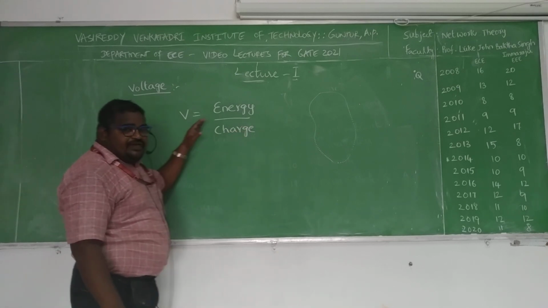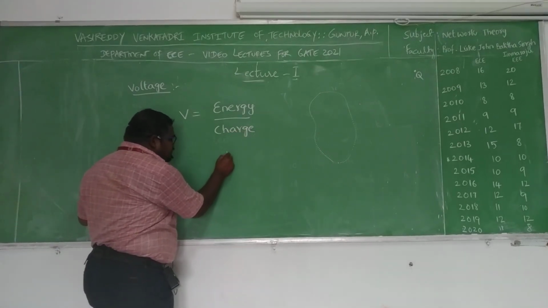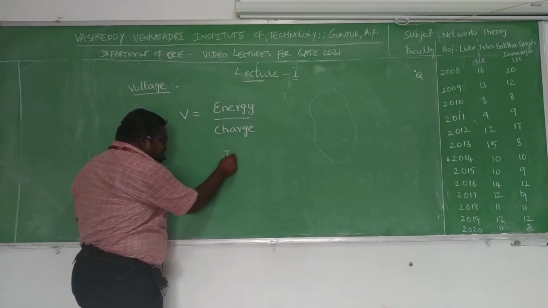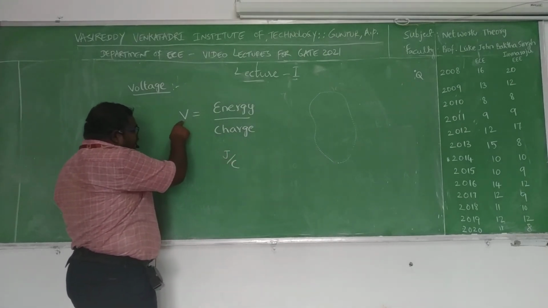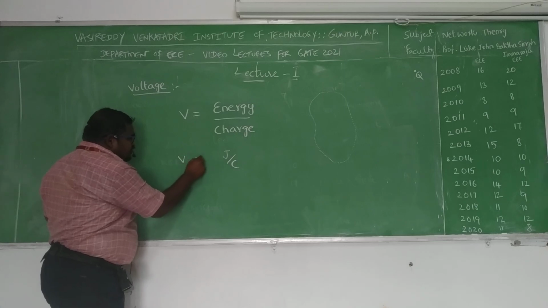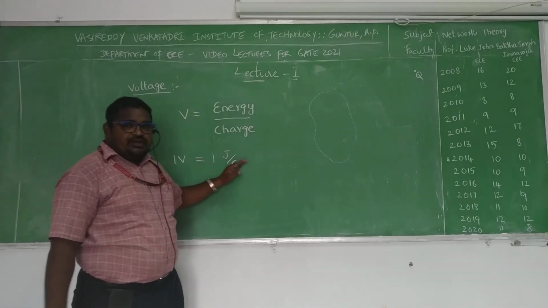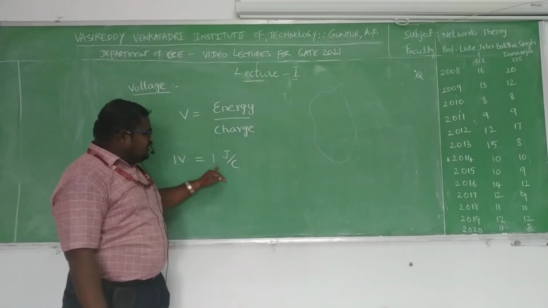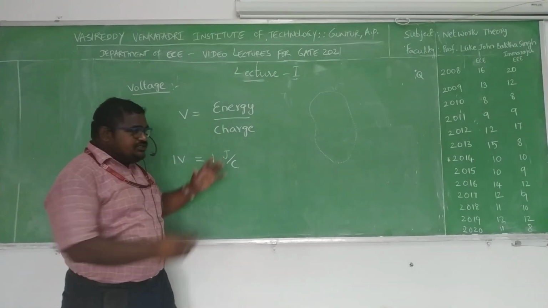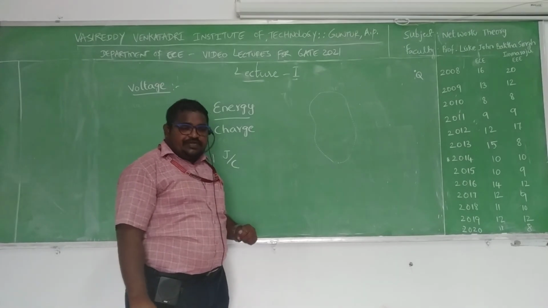Now we know the unit of energy is joules and the unit of charge is coulombs. So the unit of voltage is volt, hence 1 volt is equal to 1 joule per coulomb. This is regarding electric potential.